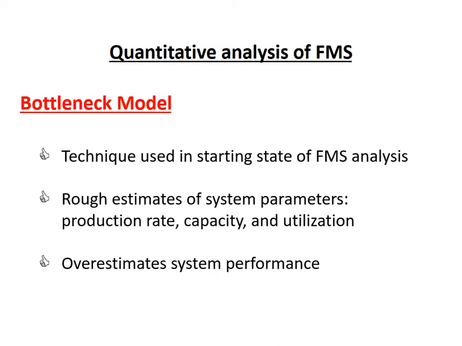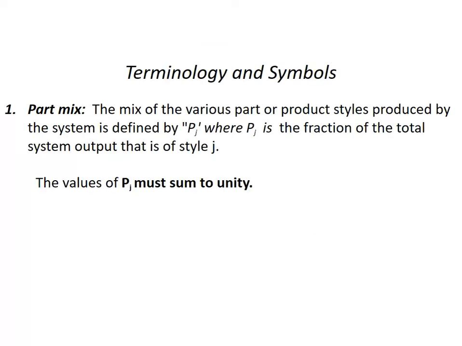For that we have a number of terminologies, where we are going to calculate the utilization or the maximum production rate. All these come when we are trying to find the bottleneck operations.